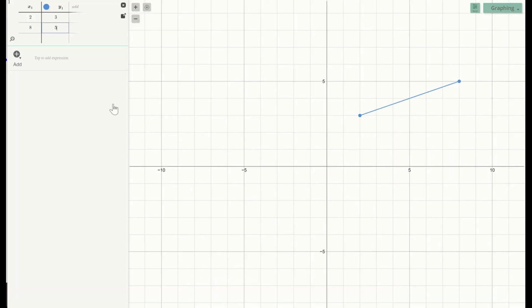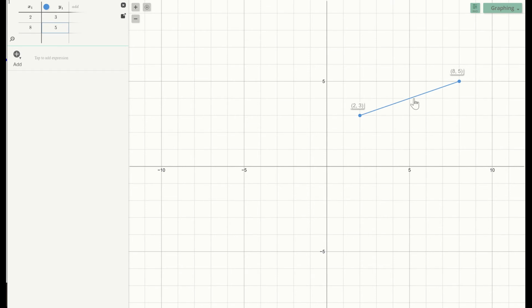We can see that visually by just plotting these 2 points, (2, 3) right there, and (8, 5). Now notice, for every rise of 1 in the vertical direction, there's a corresponding run of 1, 2, 3 units. See?